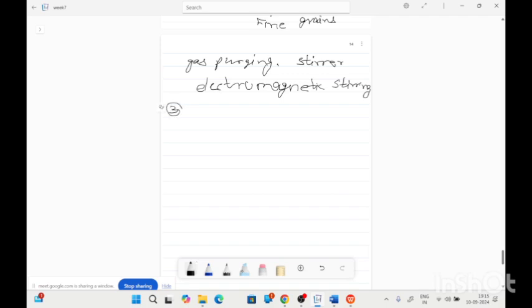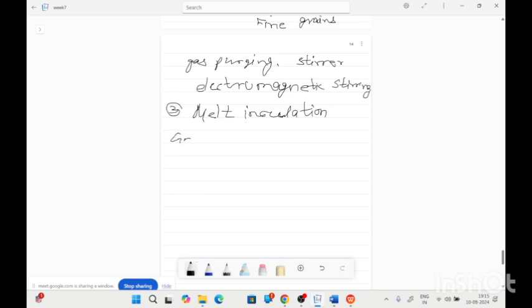The third method is melt inoculation. In melt inoculation, grain refiner elements are added to the melt to solidify.